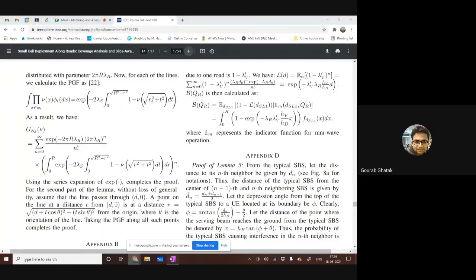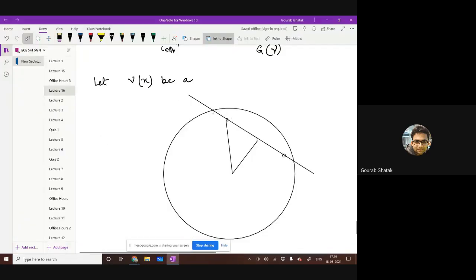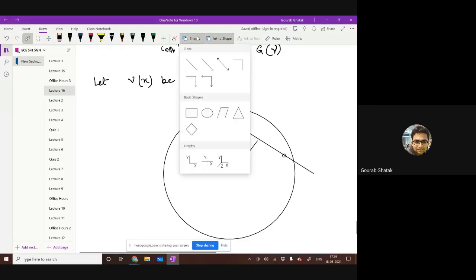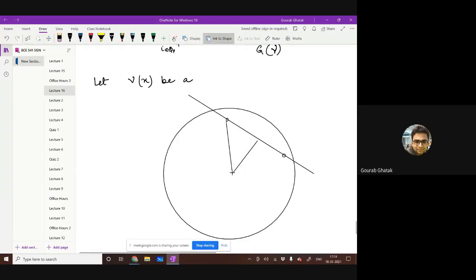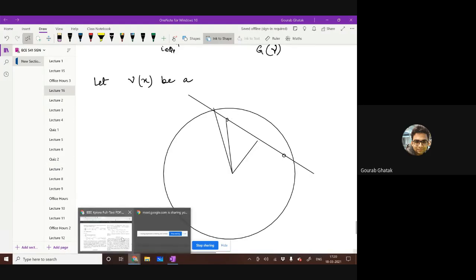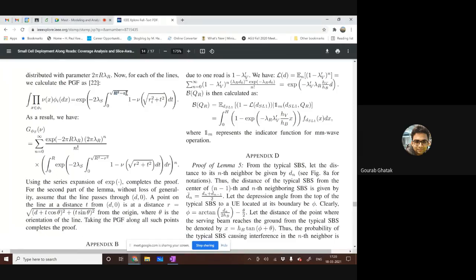How long can these values t go? They can go from here to this part, and you very well know what this part is. If I draw this, this is capital R and this is small ri square. So one part of the line segment is square root of capital R square minus small ri square.